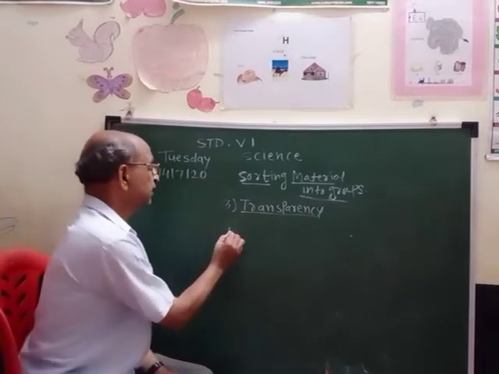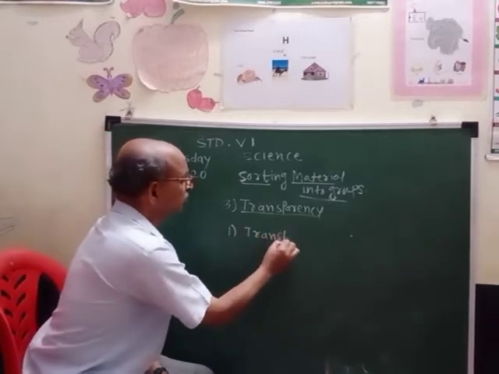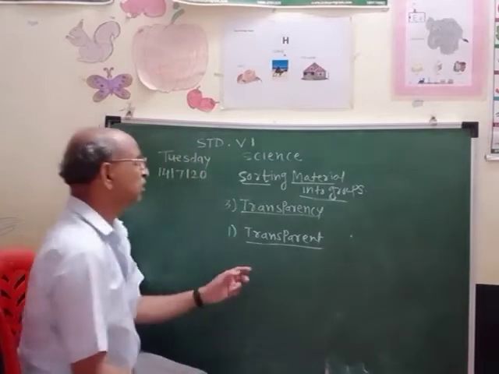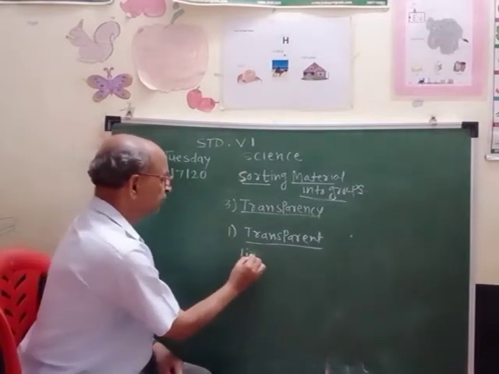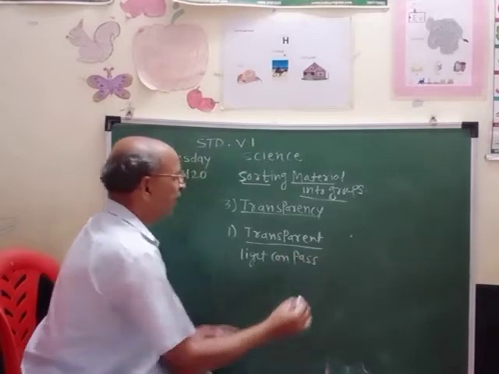Now first, we see there are three groups. Transparent: the material through which light can pass.